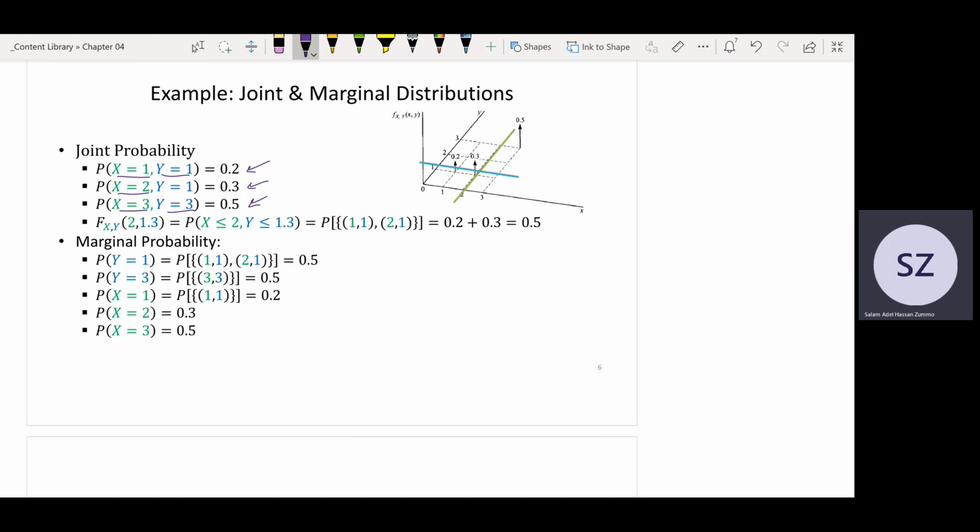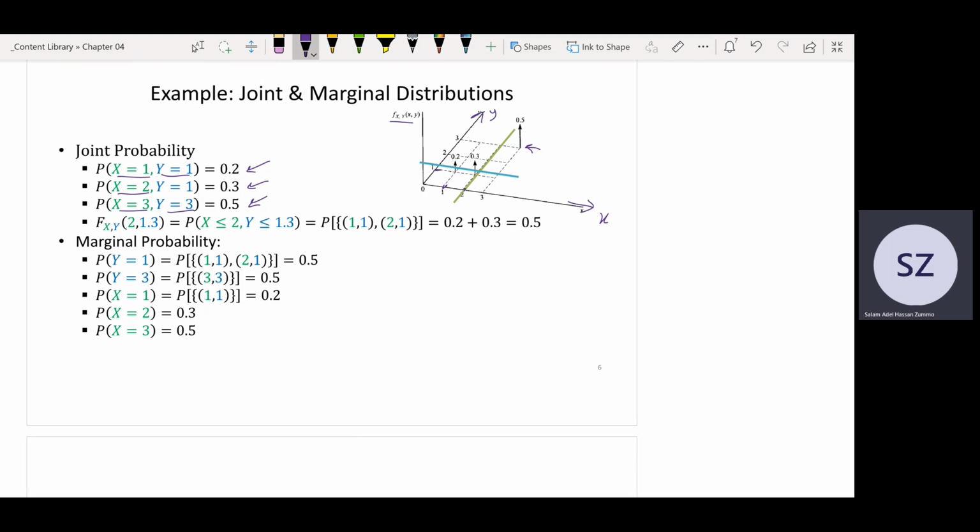Now let's talk about the shape, the distribution or the PDF. We haven't defined it formally yet, but at least it's easier to visualize. What are these probabilities? If I look at the two-dimensional plane, this is X and this is Y. How many points have non-zero probability? 3 points: (1,1), (2,1), and (3,3).